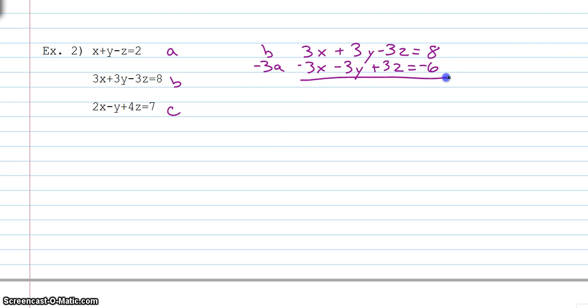Now, we're adding again. So we've got 3x minus 3x, 0. 3y minus 3y is 0. And then negative 3z plus 3z is also 0. So we end up with 0 on one side, and then 8 minus 6 is 2. Well, we've got to ask ourselves, is this true or is this false?